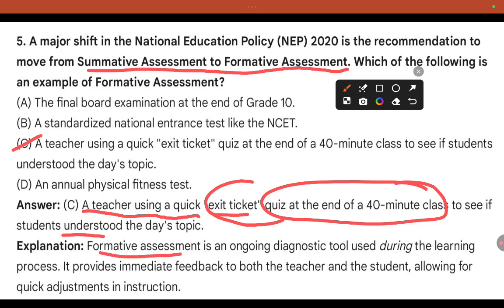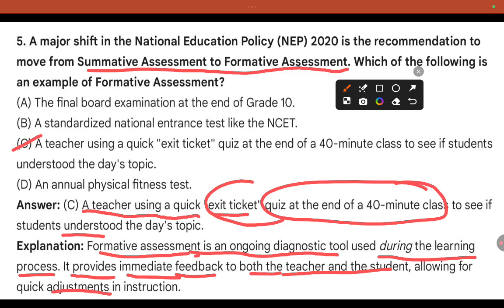Formative assessment is an ongoing diagnostic tool used during the learning process. It provides immediate feedback to both the teacher and the student, allowing for quick adjustments in instruction.